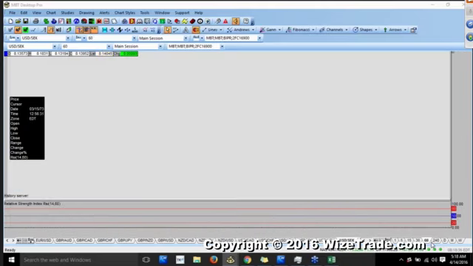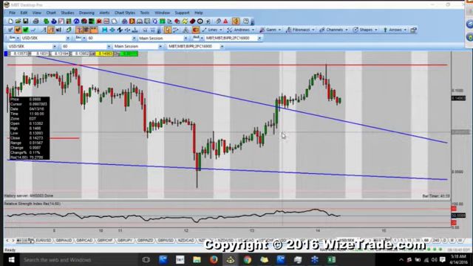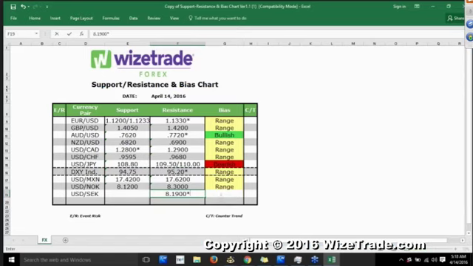Yeah, support back to 8.10 would be probably really nice for longs if you want to get long right through here. I'm just going to roughly draw that. Something like that. So roughly 8.10. Okay, we're at the lower end of our range.